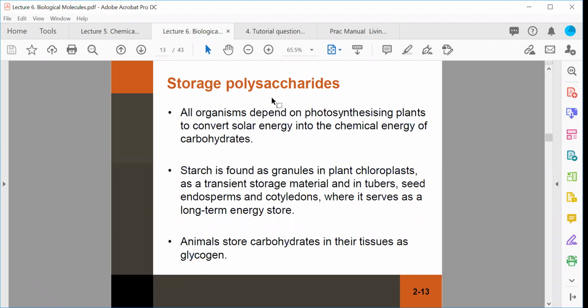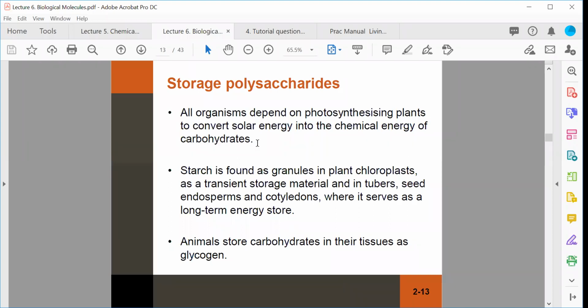Now let's look at storage polysaccharides. So ultimately, we know that all organisms on Earth depend on photosynthesizing plants and also photosynthesizing algae, and to a much lesser extent, photosynthesizing bacteria, to convert the energy from the sun into the chemical energy of carbohydrates.